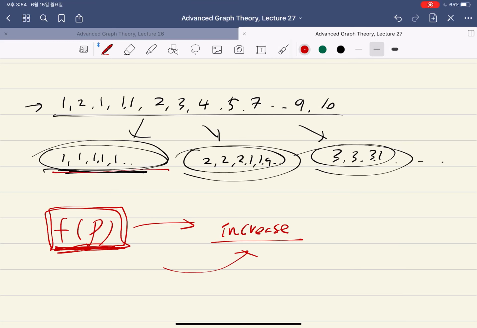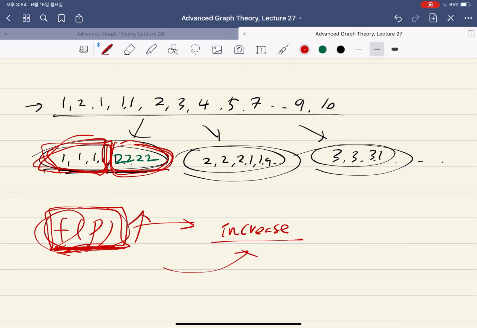So in this case, if this is not maximum, we can further partition it. That means if we have numbers here which are far apart, say 1, 1, 1, 2, 2, 2, then we partition it, and this partition should increase this number.